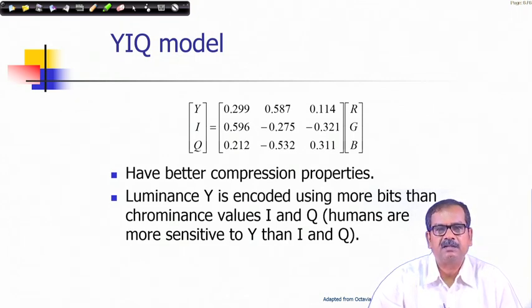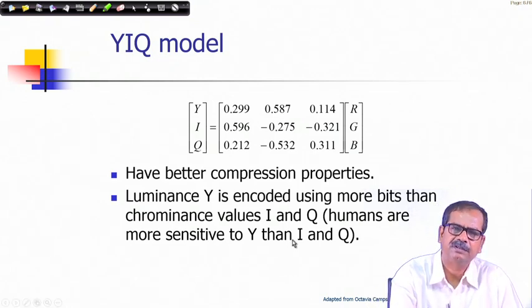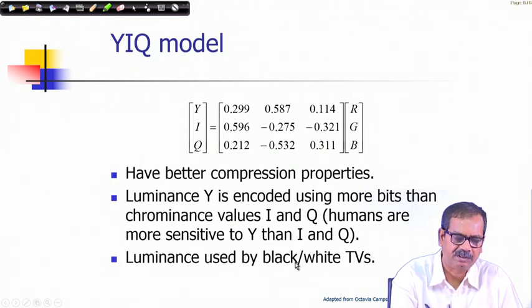So, the luminance Y is encoded using more bits, because it requires more bandwidth, whereas the chrominance values I and Q require fewer bits. So, the idea is that humans are more sensitive to the intensity Y, and in fact, if you have a black and white television signal, then you can just simply use the Y, and there is a signaling encoding so that even the encoding of I and Q will not affect the receiver of black and white TV, but that is a different point which we are not going to elaborate here.